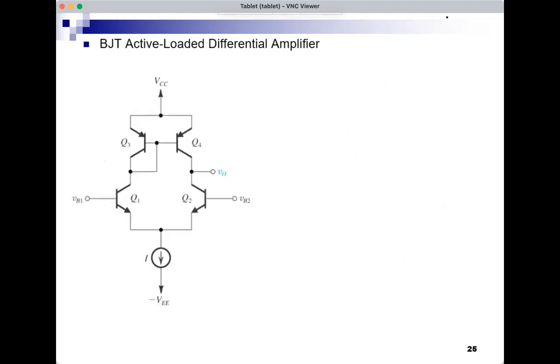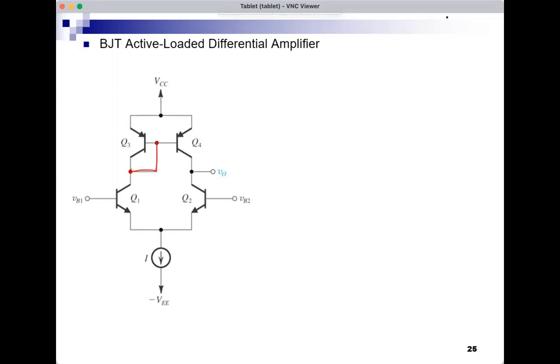This is the BJT version of this same circuit, and we have the same structure with Q1, Q2 being the differential pair, and Q3 and Q4 being the active load, with this current mirror style short circuit between the base and the collector of Q3.